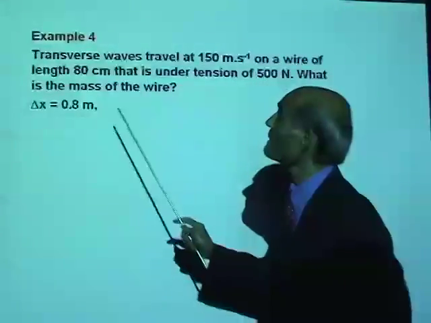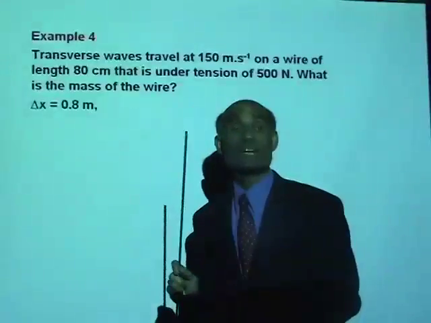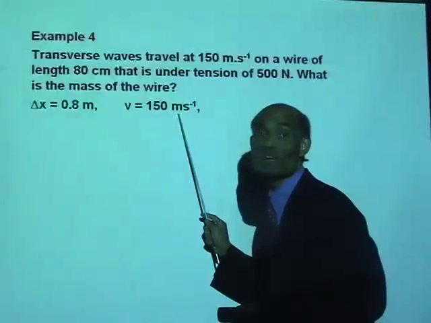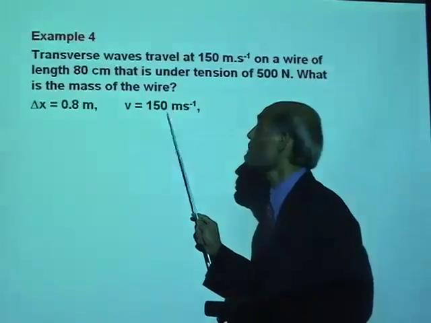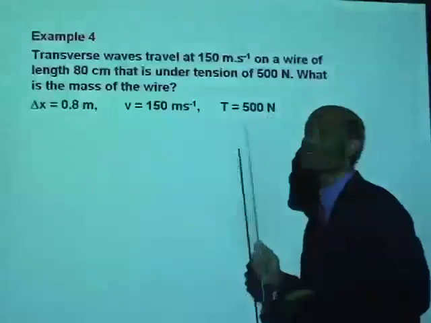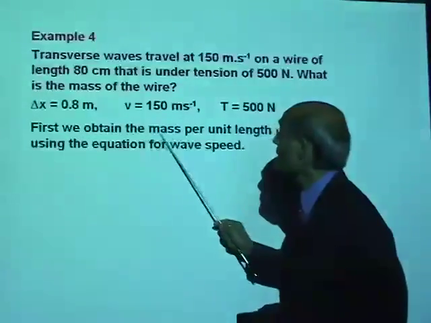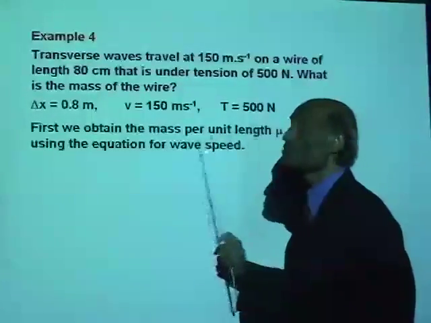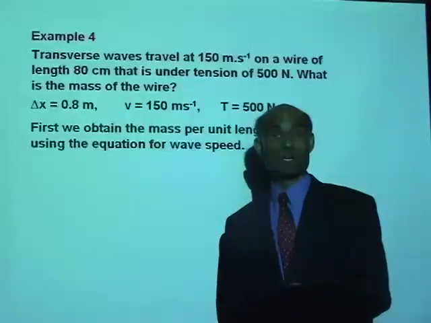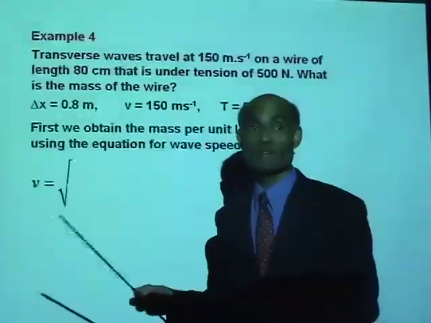Alright, let's pick our data. The length of the string is 80 centimeter, that is 0.8 meter. The speed of transverse waves in that stretched string is 150 meter per second. The tension is 500 Newton. First we obtain the mass per unit length mu using the equation for wave speed. What is the equation for the speed of transverse waves in a string?